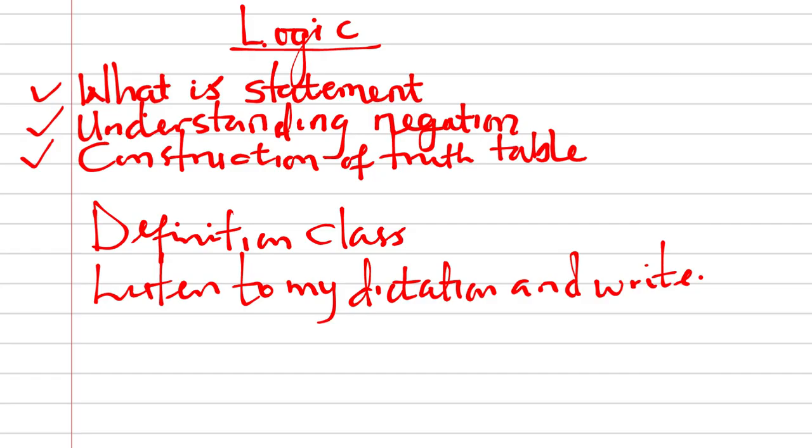So the first thing you have to know is, what is a statement? Are we following? Now, we are defining a statement, so you should write. Are you following now?